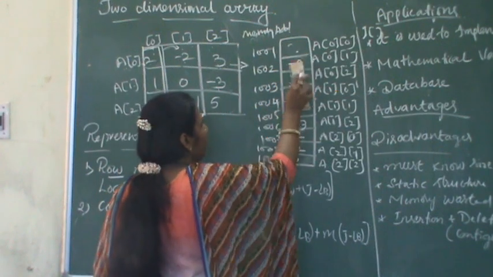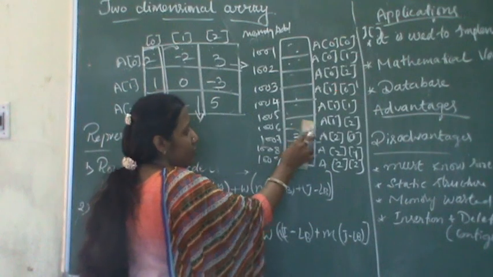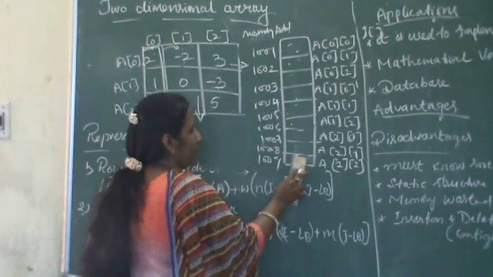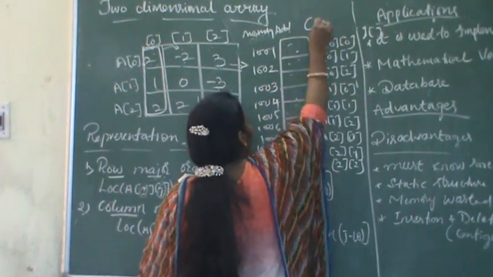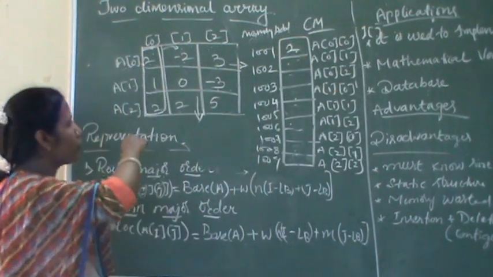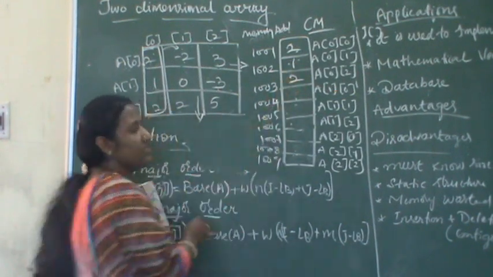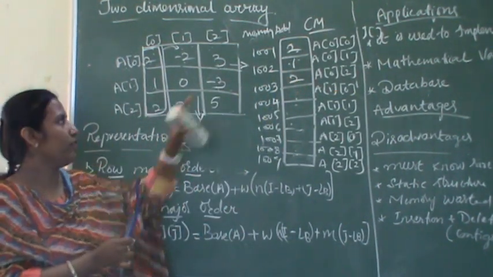For example, in case of column major, first it takes the first column values, which are 2, 1, 2. First that will be stored.